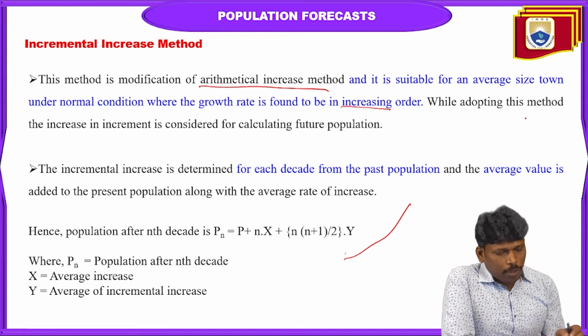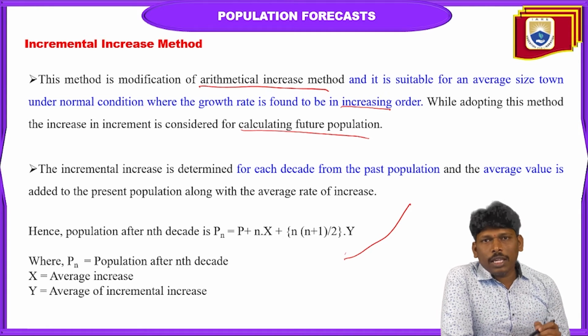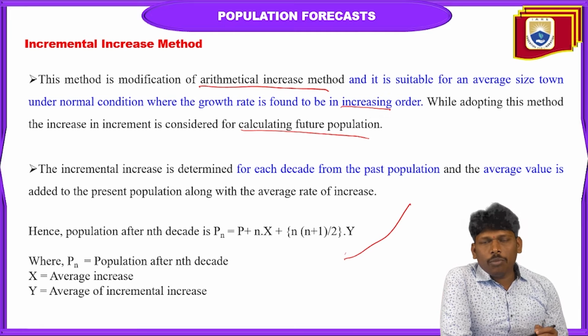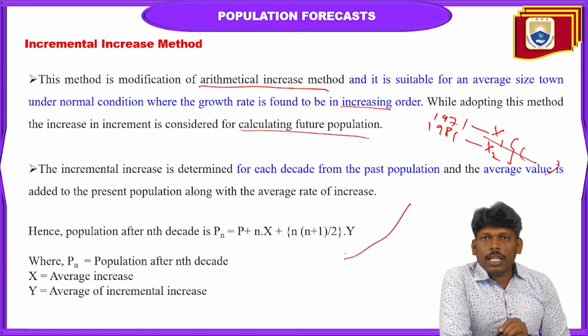While adopting this method, the incremental increase is considered for calculating the future population. For example, if you take any two years, 1971 and 1981, there is a population x1 and a population x2. Here we need to identify the increase between these two.